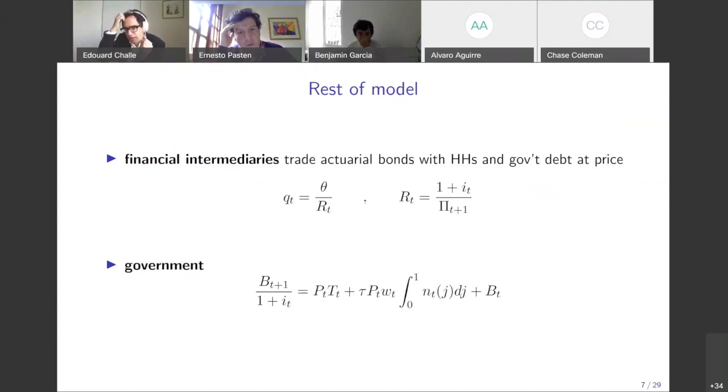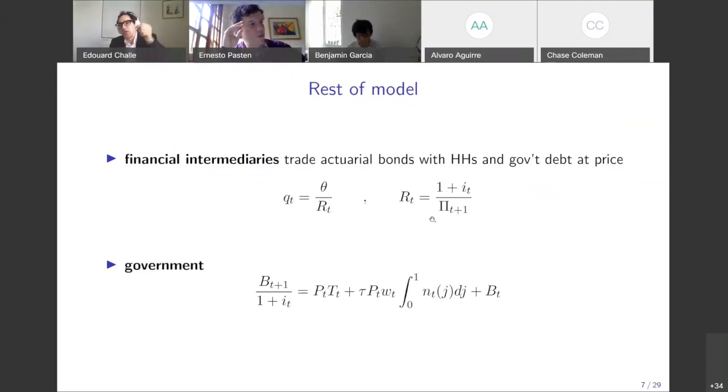That means that the return that you get on a real bond when you trade one as a household, if you're a creditor, is slightly higher than R, R being defined as the ratio of the policy rate plus 1 over the inflation rate, the usual real rate.